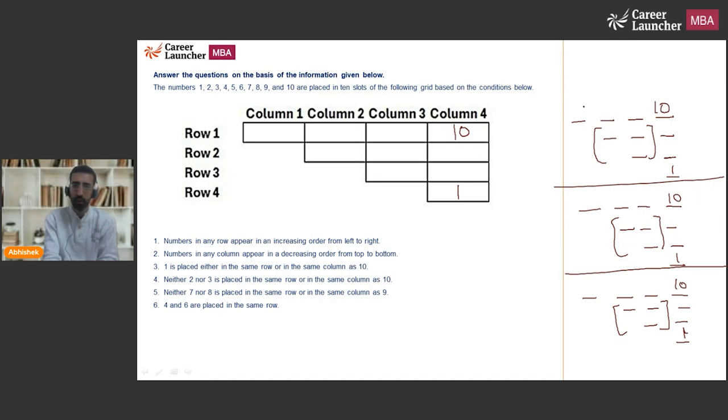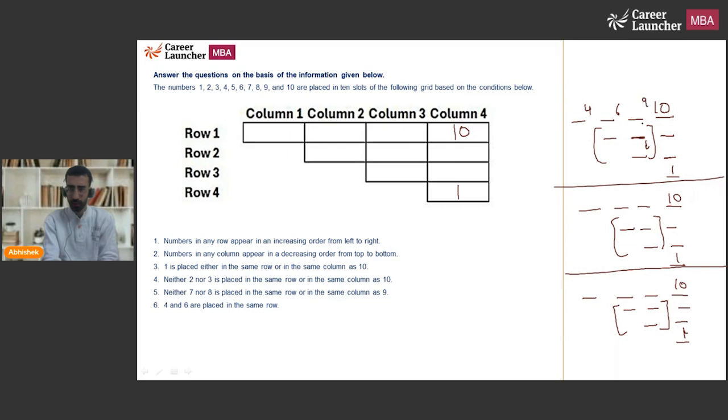Let's just go ahead. If 4 and 6 are here on the left side, 4, 6, increasing order, so same row. 2 obviously can't come in here because then there's no smaller number. Okay, 4, 6. Where will 9 go?